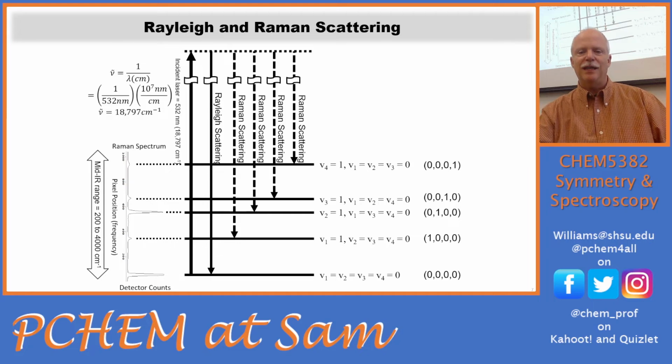And so here's an example of the Raman scattering and Rayleigh scattering. I put these up here just to show you that these are really long arrows. So this is typically visible frequencies.